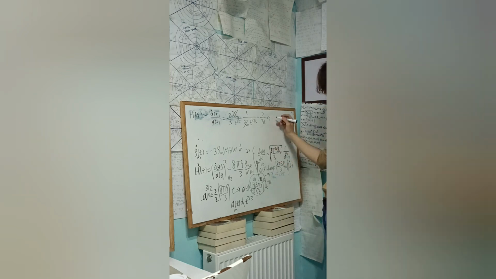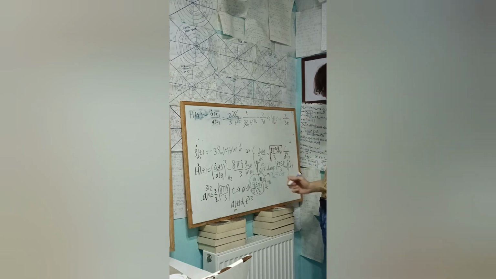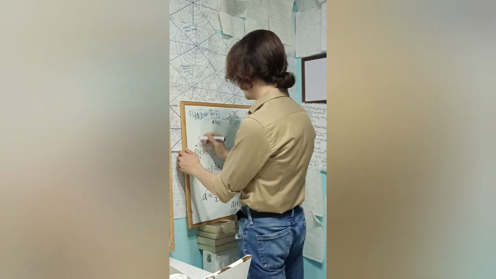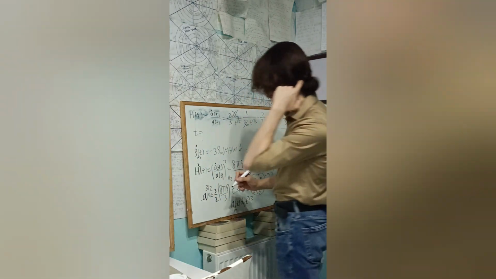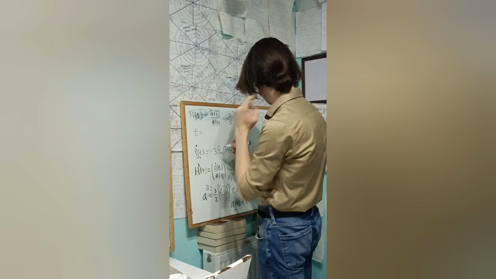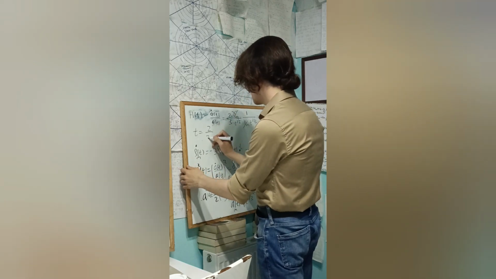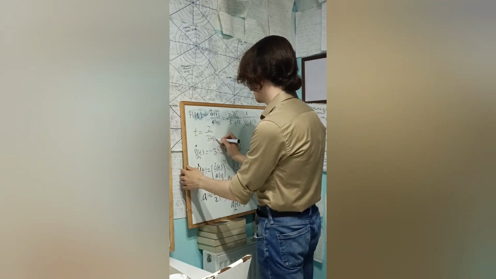Thus, we have found that h of t, for the matter-dominated universe, is 2 over 3t. That's what we expected. So the time is t equals 2 over 3h of t.